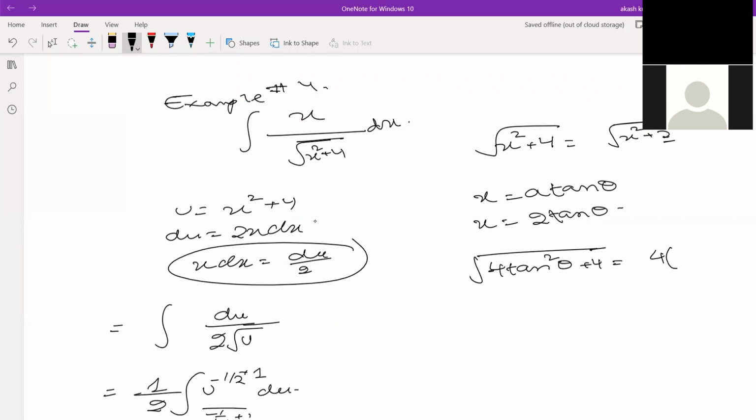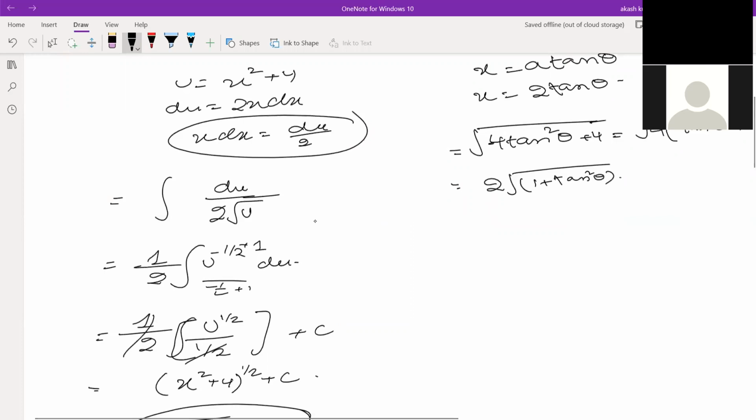Taking 4 out, inside is left tan squared theta plus 1, and square root of 4 will become 2. One plus tan squared theta is equal to sec squared theta, and the square root of sec squared theta will become 2 sec theta.